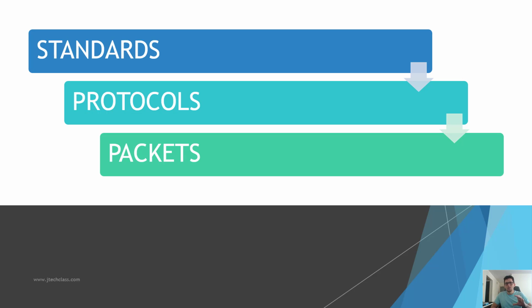So let's look at it this way. Let's imagine you're writing a letter to a friend or to a family member. First, you need to write the letter, of course, but to be able to send the letter, you need to follow the post office standards. So you need to put the address in the right place. You need to put the stamp on it in the right place and things like that.